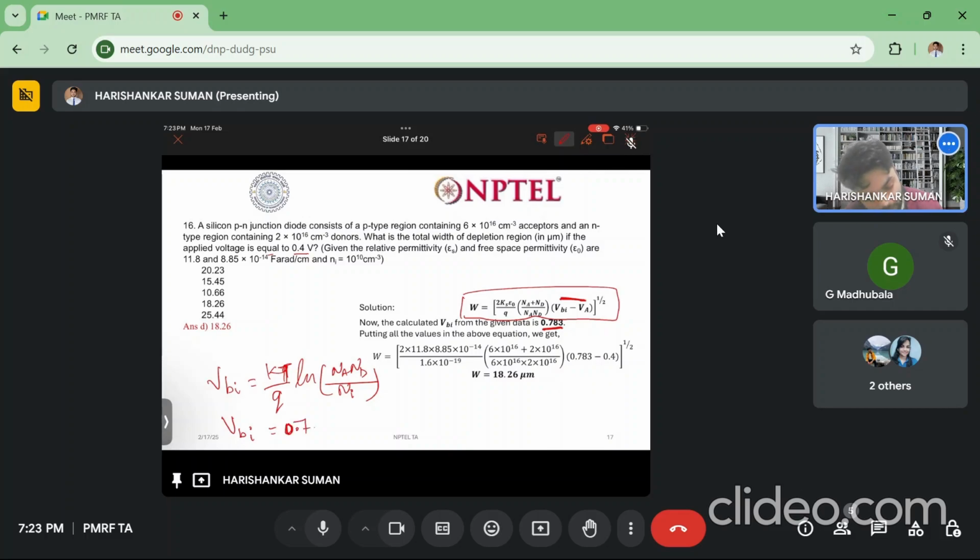You will get this number, and we also have 0.4, so V effective in forward condition. This is the depletion region.